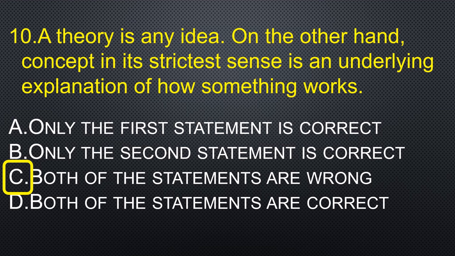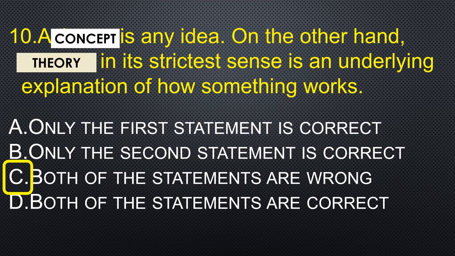Okay, so it's not just an idea. So we call it both of the statements are wrong because a concept could be an idea, but not theory. On the other hand, theory, in its sense, is an underlying explanation of how something works. Okay? So, yun ang mga pagkakaiba niyan.